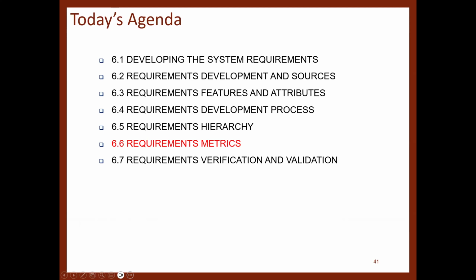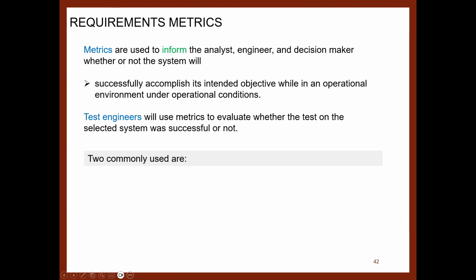Okay. So requirements metrics, these are used to inform the analyst or the decision maker whether or not the system will accomplish its intended objective. Test engineers will use metrics to evaluate whether the test on the selected system was successful or not.